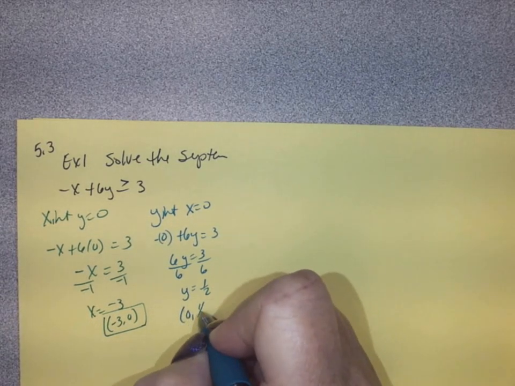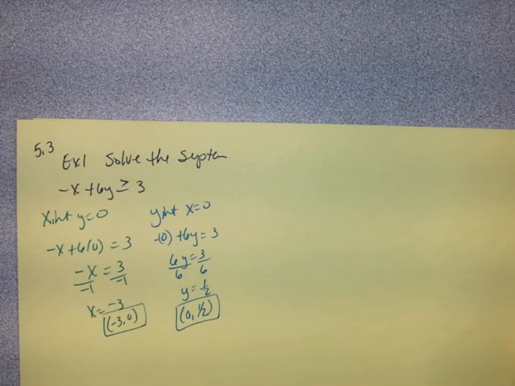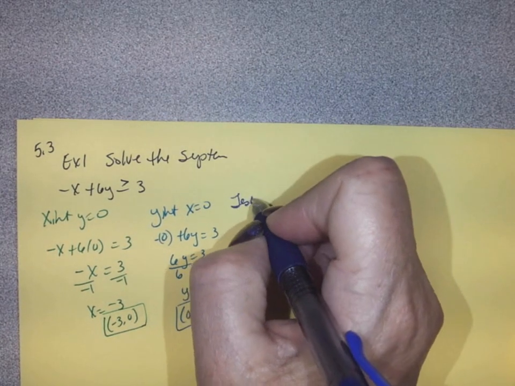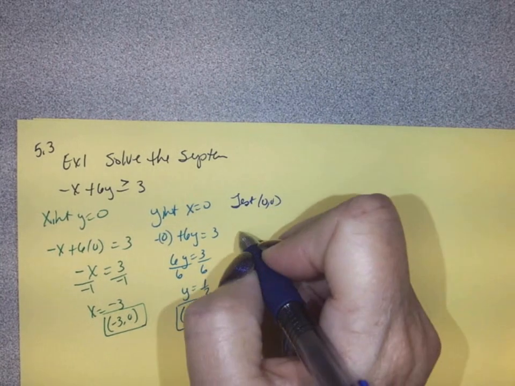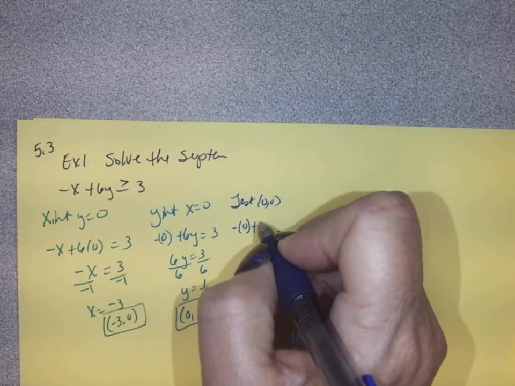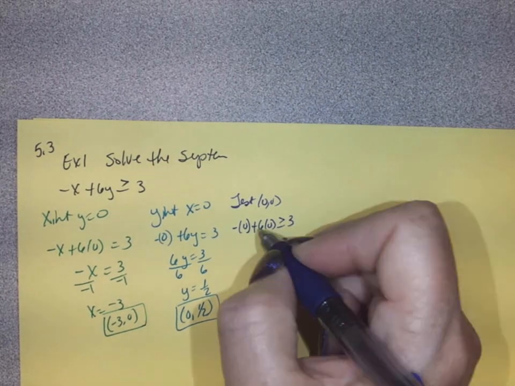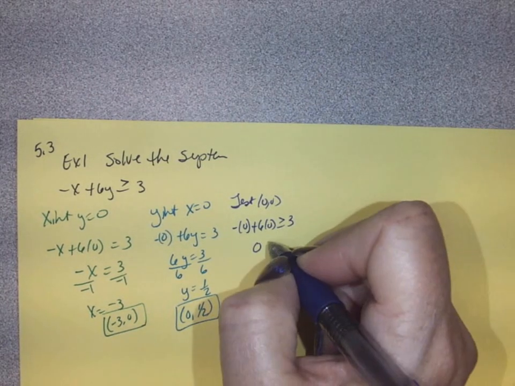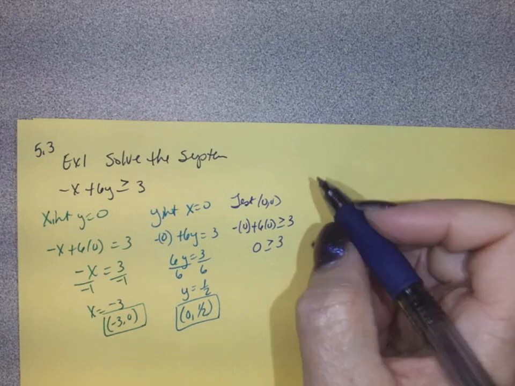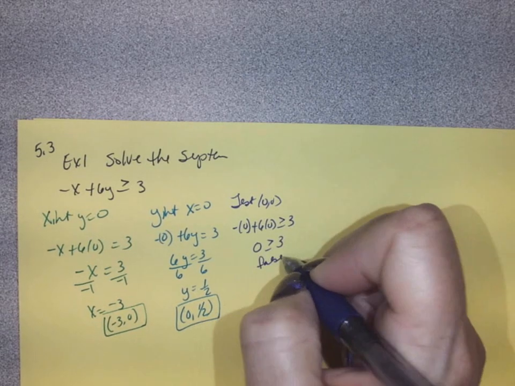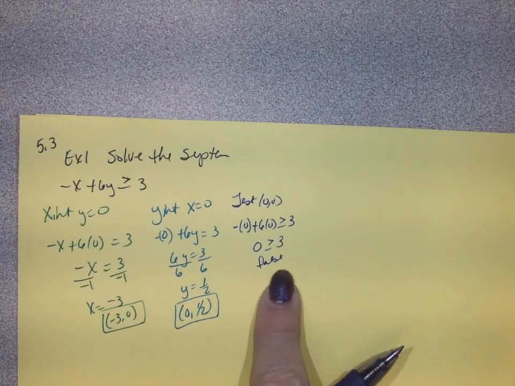So we have (0, 1/2) as our y-intercept, and now we need to do our test of (0, 0). So negative 0 plus 6 times 0 greater than or equal to 3. Well, that gets us 0 greater than or equal to 3. This is false. So that means it's not going to be in our solution.